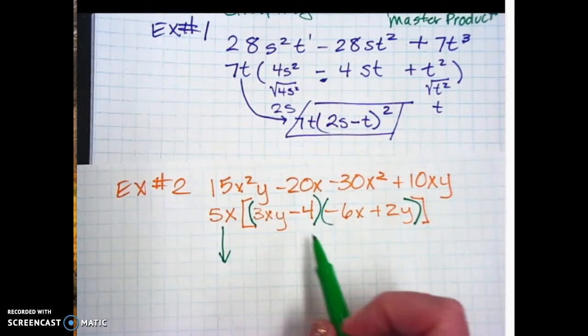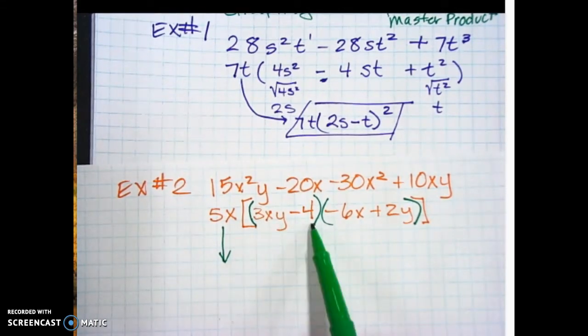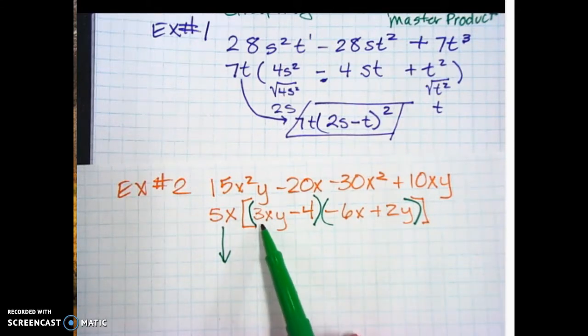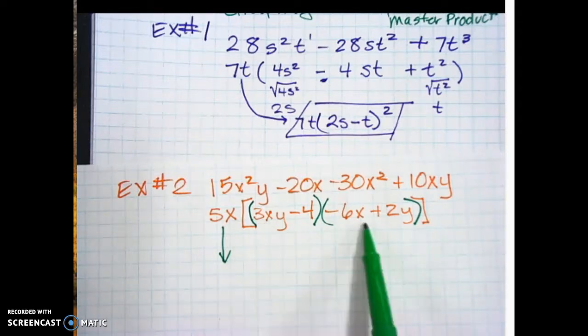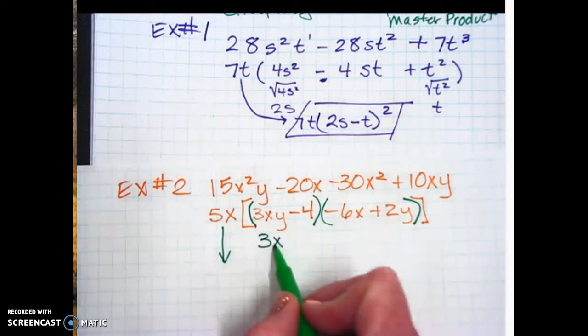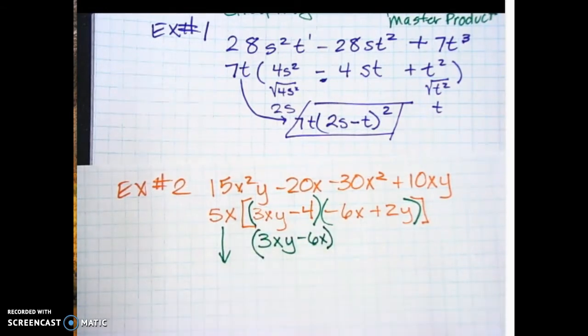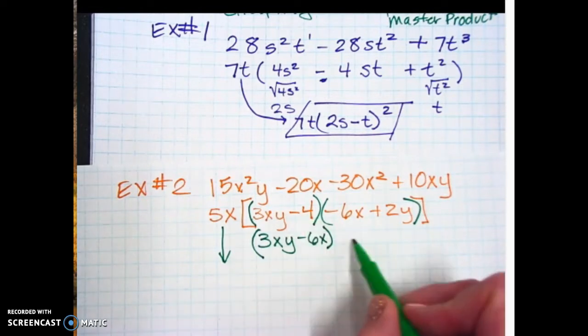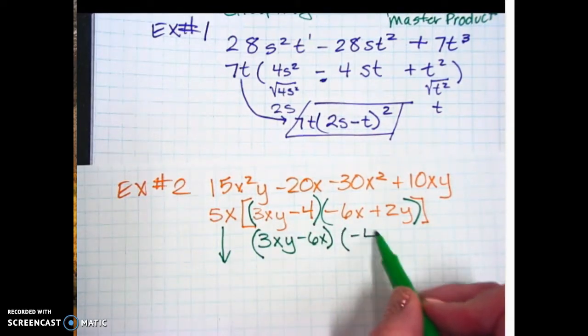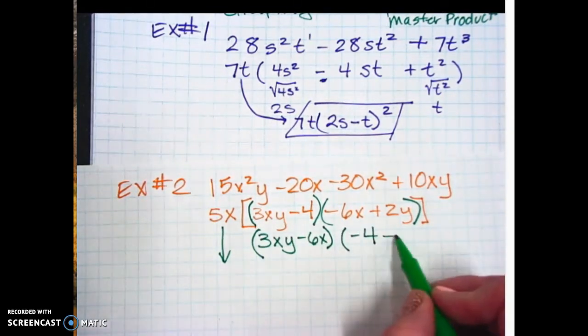Oh, I know what I need to do. There is not one. So we actually need to switch our grouping. We should switch the 3xy to go with which one? 6x. The minus 6x. So it should be 3xy minus the 6x. Let's group those 2 together instead. That leaves us with our second group of negative 4 plus 2y.